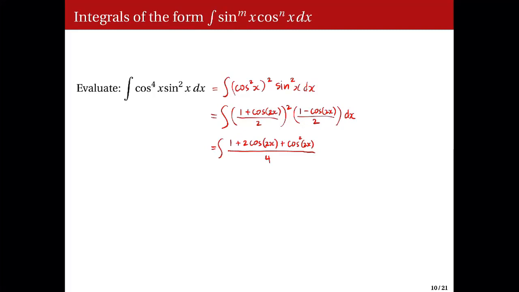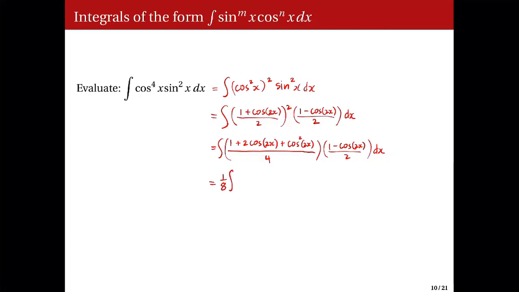And then we have quantity, multiplied to 1 minus cosine 2x divided by 2 dx. And then we multiply further. So in here we will have 4 times 2 on the denominator. So we'll get 1 over 8.